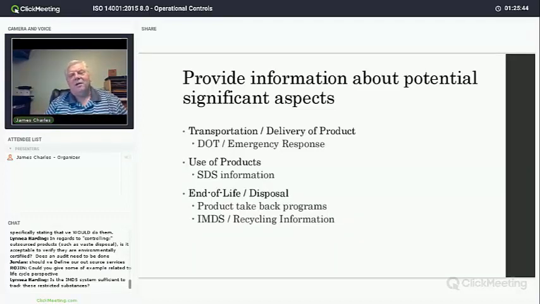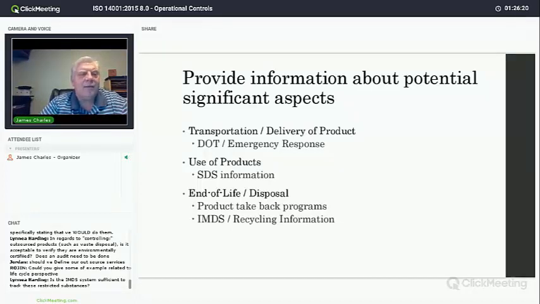In the use of our product, again, the number one thing that we communicate to our customer is what's in our product. And we do that through our IMDS program. So through the IMDS program, you communicate to the customer what it is you're providing them, what the materials are, and the theory is that could be communicated to their customer and improve the ability to recycle your materials.